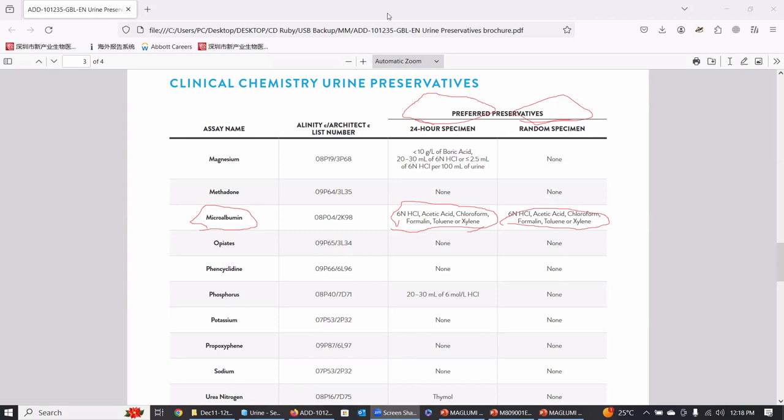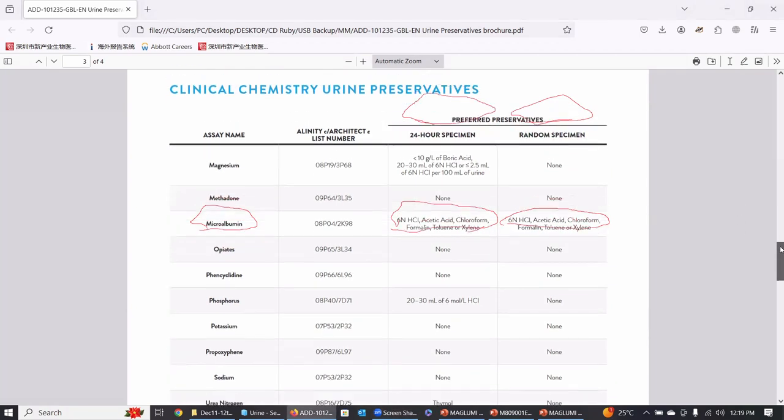It's not CLIA, but the urine preservatives are for preventing analyte degradation, right? This is for chemistry. I agree with you, but the question is what preservative we can use for keeping an analyte like microalbumin.